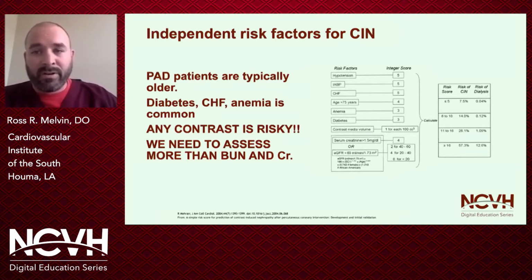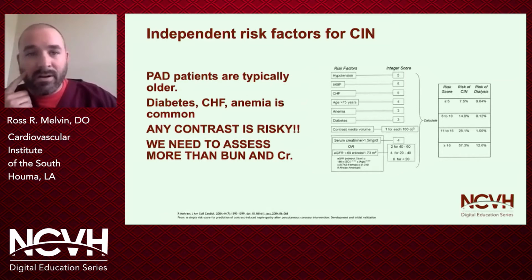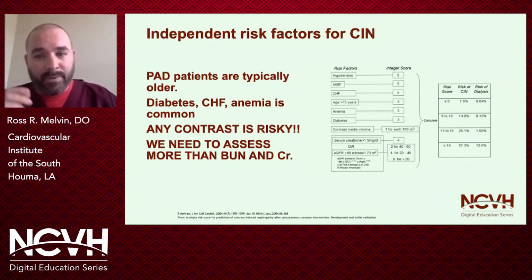A lot of them are going to have other cardiac risk factors like diabetes, hypertension, hyperlipidemia. A lot of them are going to have heart failure. So the general population we're looking at is already at pretty increased risk. Most of them are going to be at that 1% risk of getting CIN based on this prediction score.